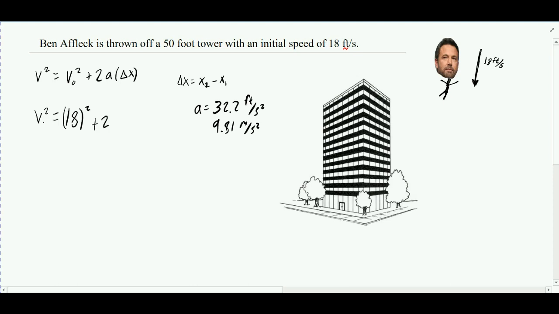So 2 times 32.2, in parentheses. Our acceleration is 32.2. And what's the change in position? Well, if you look, he starts off here, right?